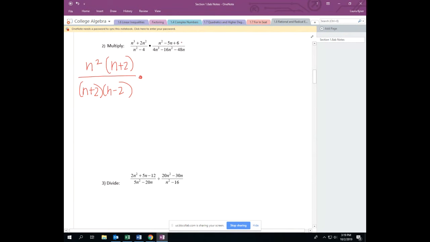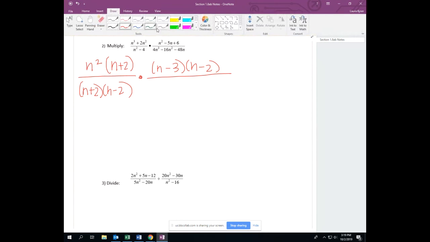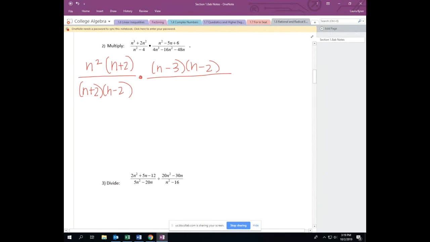The top right is a type A trinomial. It factors into n minus 3, n minus 2. And this bottom expression down here actually has the greatest common factor that's going to pull out first. So I'm going to take out the GCF, which is 4n.